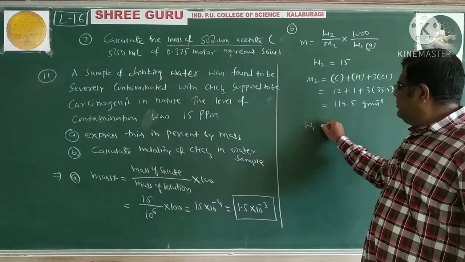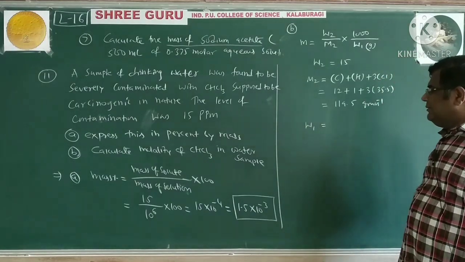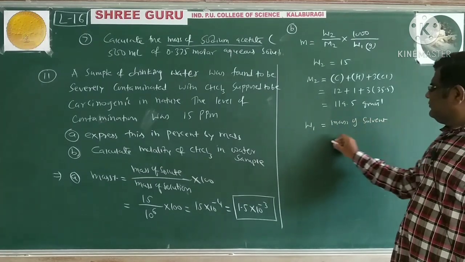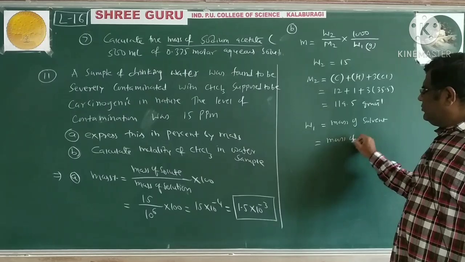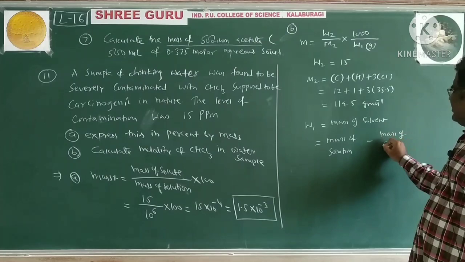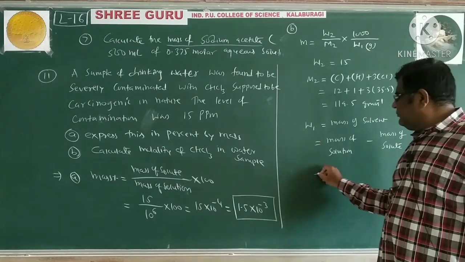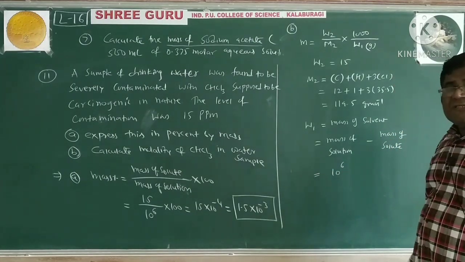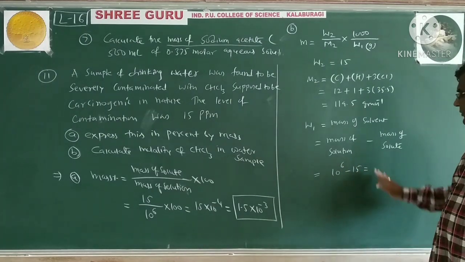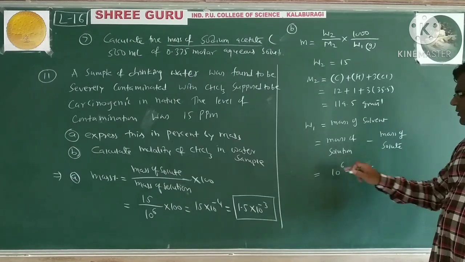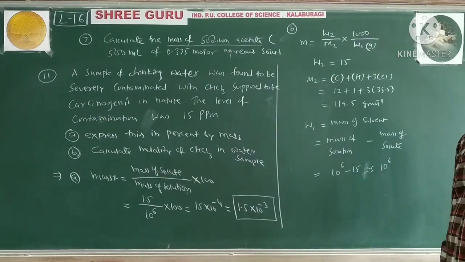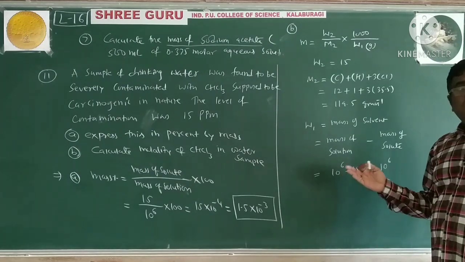Now W1, which is the mass of solvent, is equal to mass of solution minus mass of solute. Solution mass is 10 raised to 6 gram. Solute mass is 15. So 15 is very less compared to 10 raised to 6, that's why you can take it as 10 raised to 6 only, because 10 raised to 6 is 1 million.